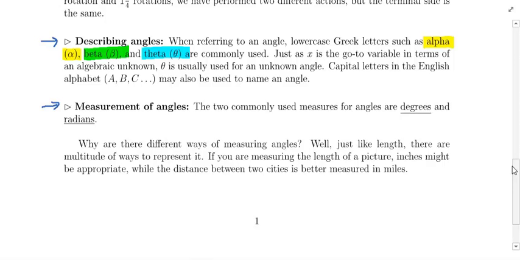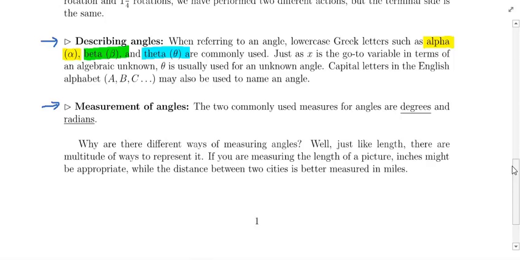So why are there different ways of measuring angles? Here's a good way of thinking about it. Just like length, there are a multitude of ways to represent it. If you are measuring the length of a picture, inches might be appropriate, while the distance between two cities is better measured in miles. We deal with length in everyday life, and there are multiple ways to measure it.